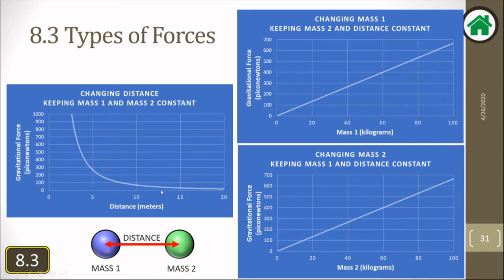So if you double the distance, then the gravitational force is 1/4 as strong. And if you triple the distance between two objects, then the gravitational force between them is 1/9 as strong. Whatever you do to the distance, the inverse square of that is what happens to the gravitational force.